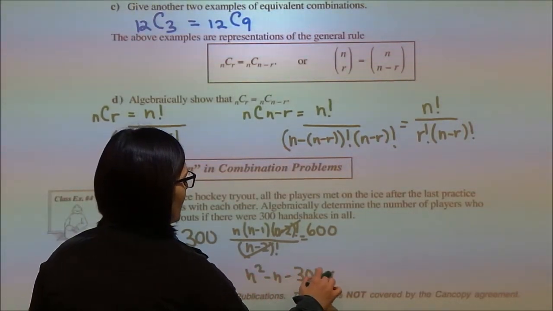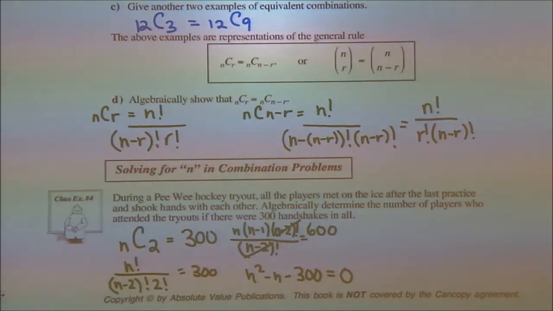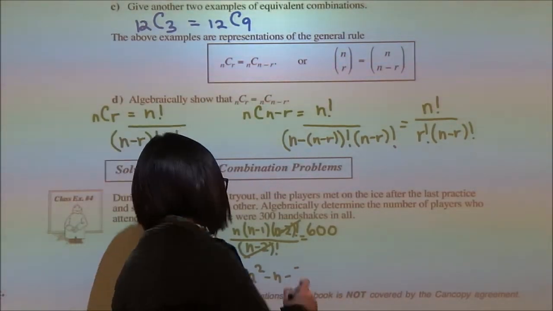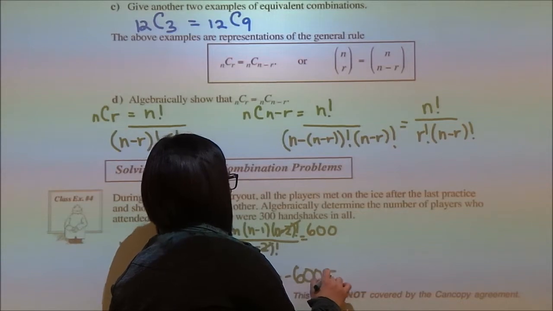Bring the 600 over. Now I need to find two numbers that when I multiply them together, I get negative 600, and when I add them together, I get negative 1.